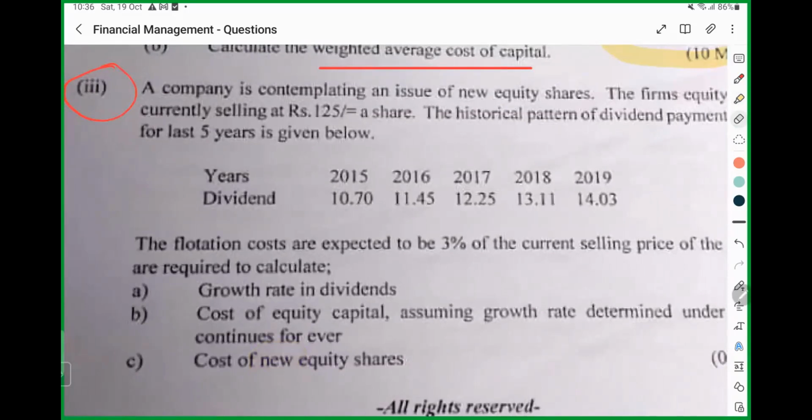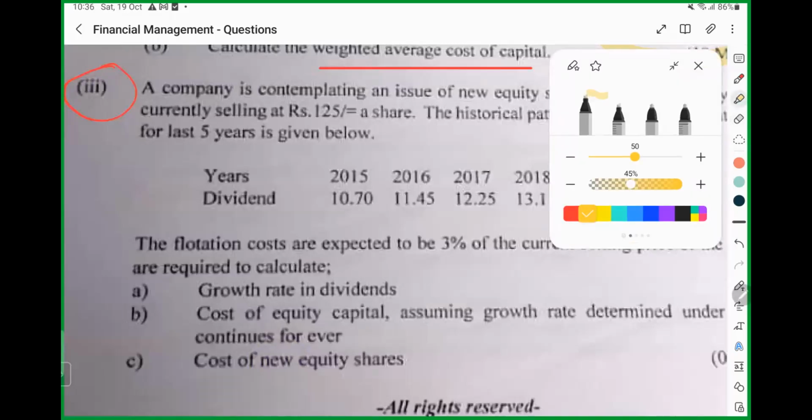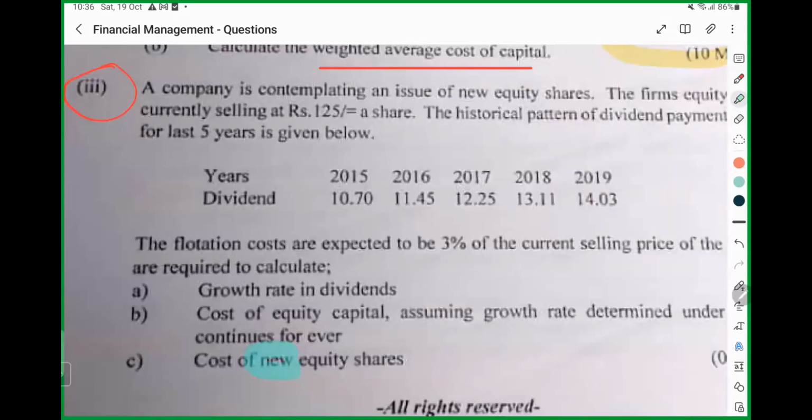The meaning is, the equity shares the company is considering issuing in the future. Those equity shares will be issued in the future. You have to get the cost of equity of new equity shares.